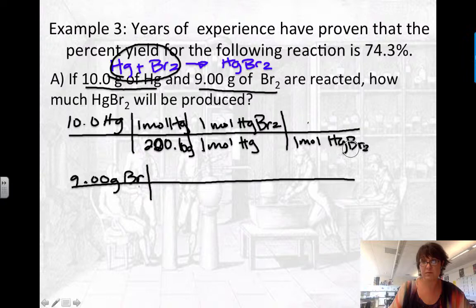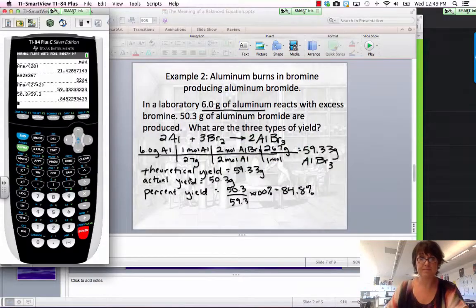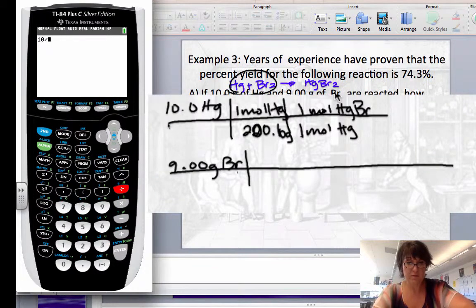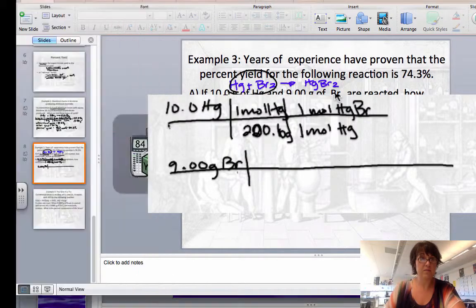I guess we don't have to. Let's not go to grams. Nobody's got time for extra work. Let's just figure out moles and work it through. Calculator time. 10 divided by 200.6, and then my mole ratio is 1. So 0.049, and so on.